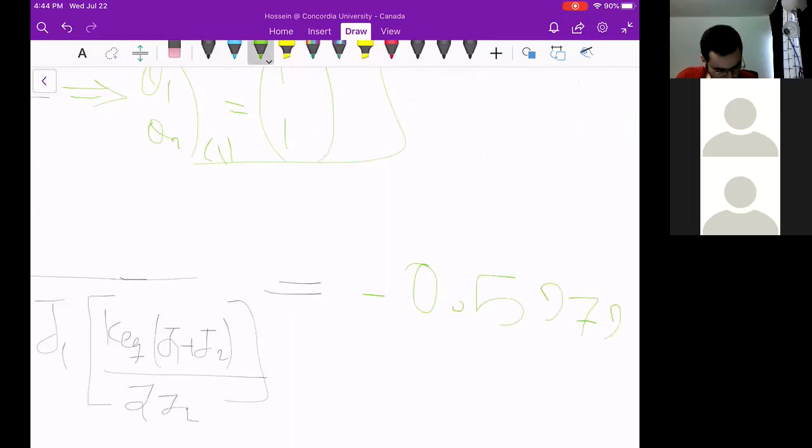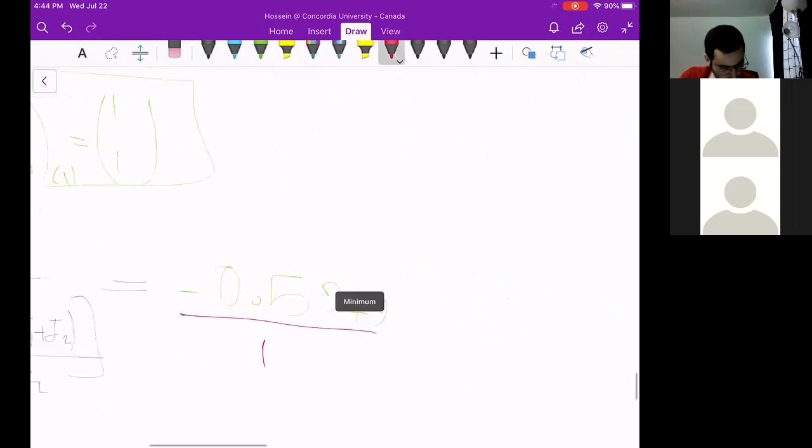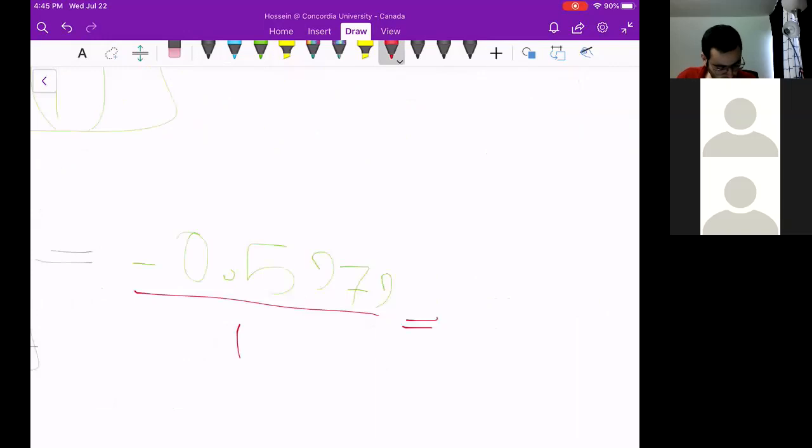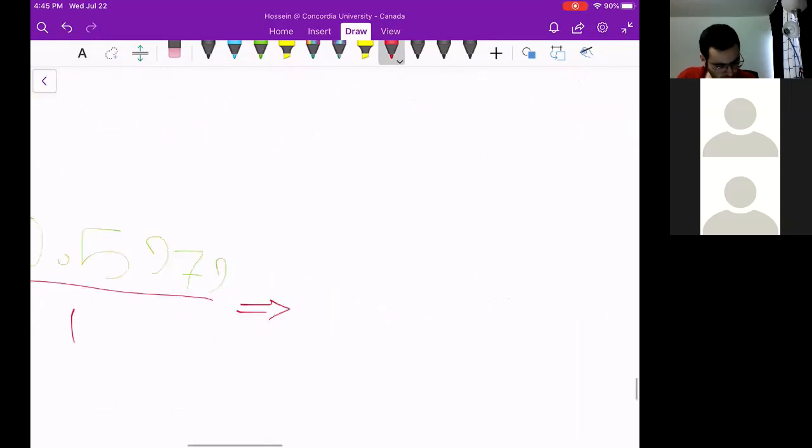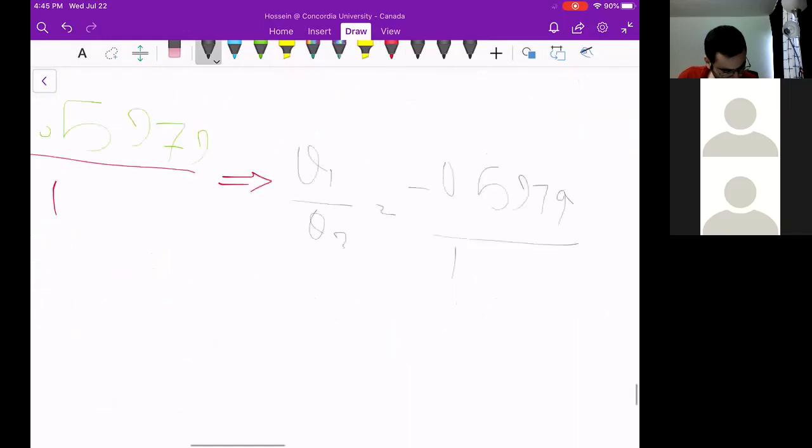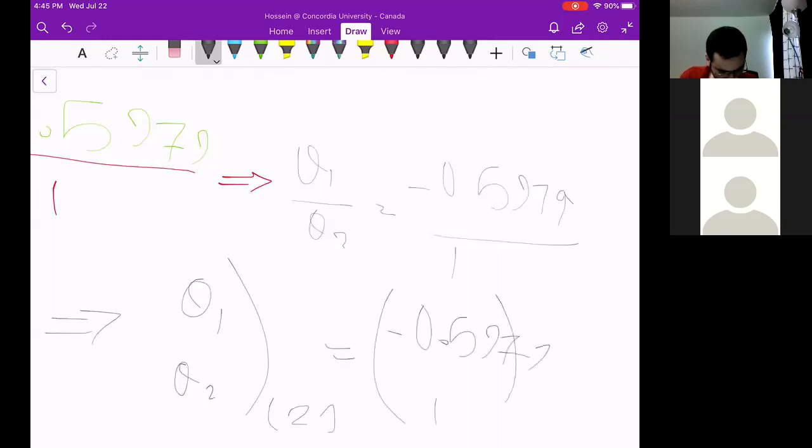You simply give a denominator 1 here. Then you could say that theta 1, theta 2 for the second mode shape would be minus 0.5979 and 1.